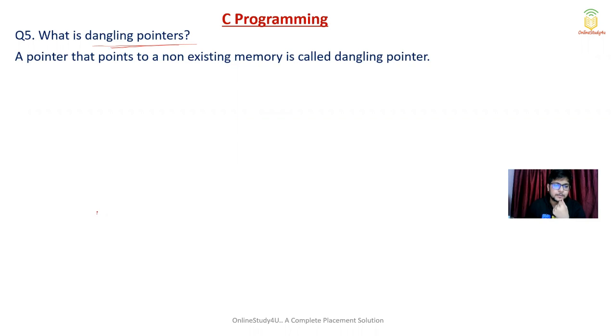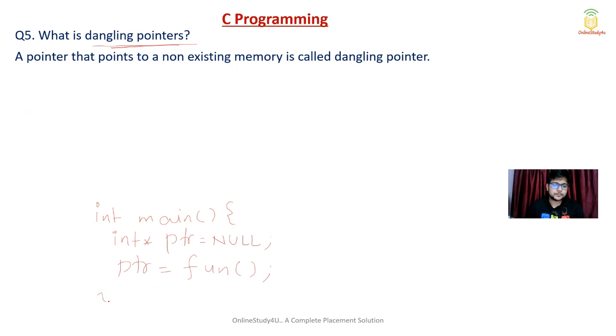Let's say in the main function, I declare a pointer and initialize it with null. And I want to allocate some memory to it, I want to store some address in it. Let's try to do it with the help of a function.